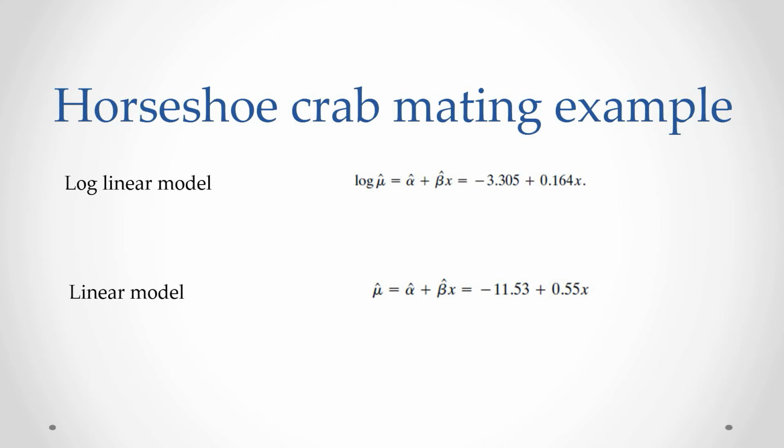For purpose of comparison, we have also fitted a linear model to the data. So a linear model is, as usual, mu hat equal to alpha hat plus beta hat x, and plugging in the maximum likelihood estimators of alpha hat and beta hat, this is equal to minus 11.53 plus 0.55x.